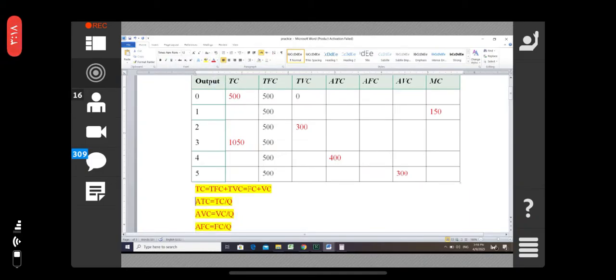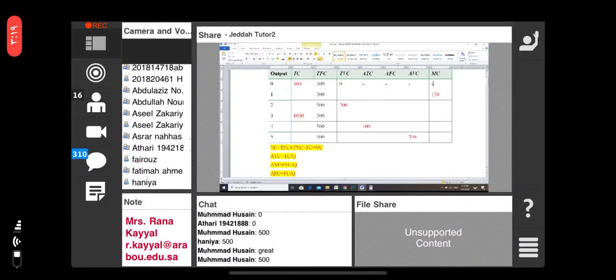So for the first row, when quantity equals 0, total cost equals 500, fixed cost 500, and variable cost equals 0. What is the average total cost? By definition, by formula, it is total cost over quantity. We agreed that when quantity equals 0, don't solve this part.